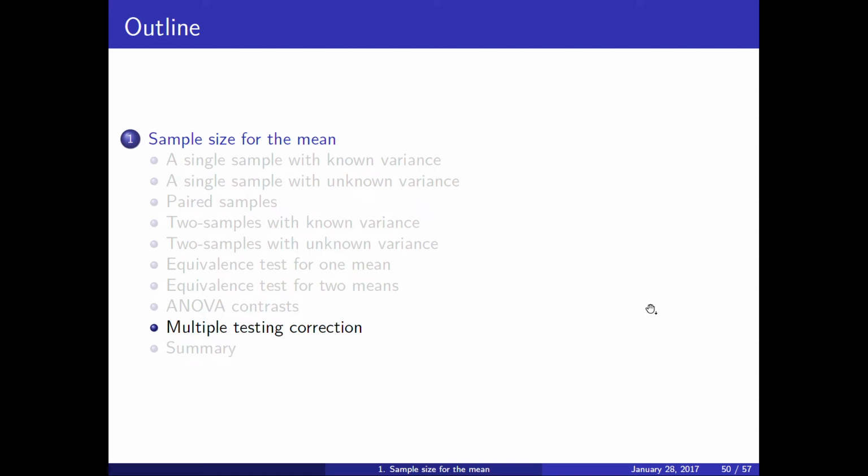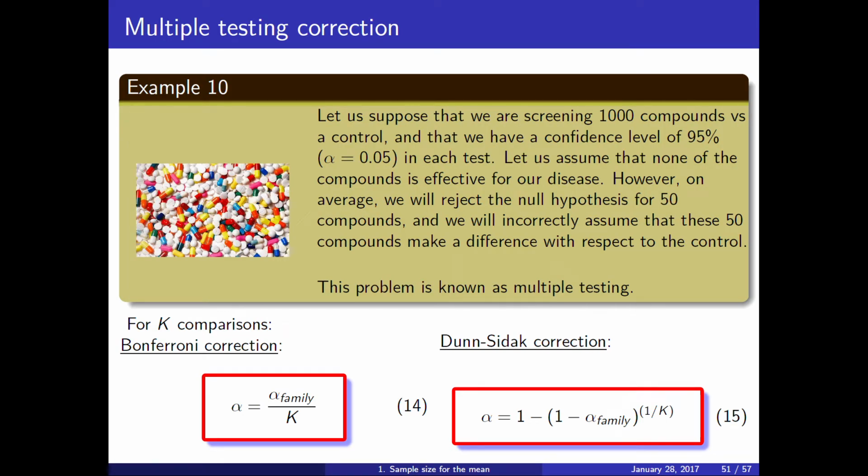Okay, so in this final part of the lecture, we will make some considerations about multiple testing, and then we will make a summary. Let us say that you are screening 1000 compounds versus a control, and for each one of the comparisons you already know how to compute the sample size.